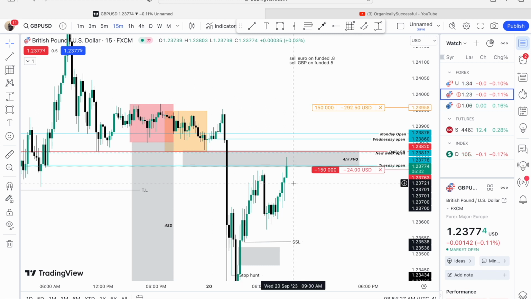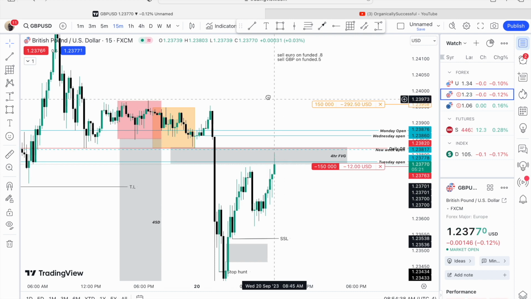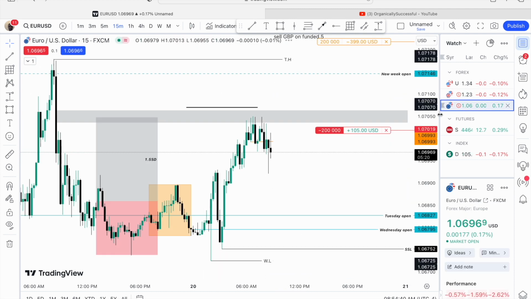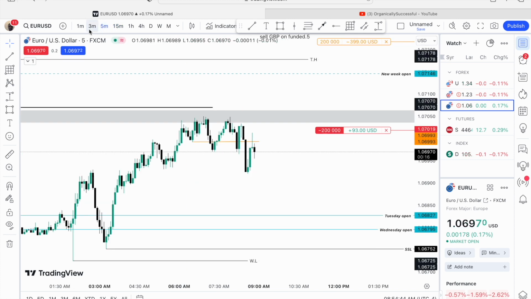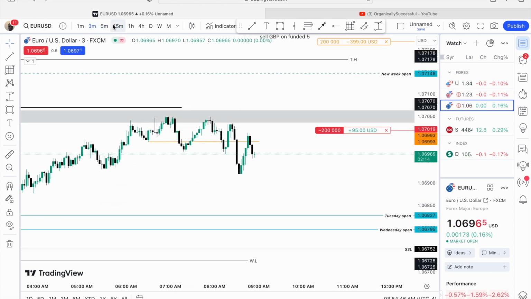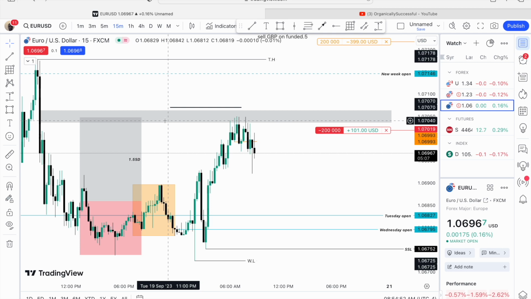Very much enticing. I should have really waited until we get into the order block and see if we wanted to go above. But I digress. Only because of FOMC.